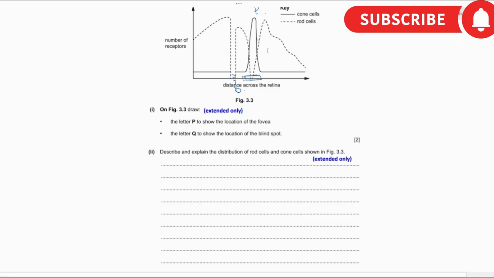Oh, the letter was correct. I thought I mentioned the wrong letter. And where are the rod cells? There is uneven distribution. At some places they are present in greater quantity, at some places in lesser quantity. So this is the description of this graph.